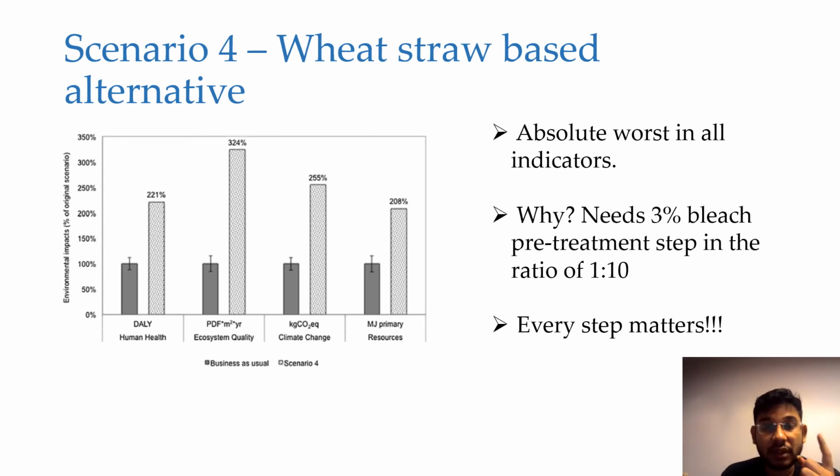Because using these wheat straw based alternatives needs a pre-treatment step with bleach at a really high solid to liquid ratio. And if you're going to use such solid to liquid ratios with an enormous amount of bleach before you can use these wheat straws, it simply means that you're going to get really worse indicators.